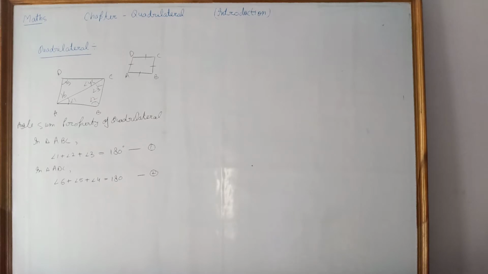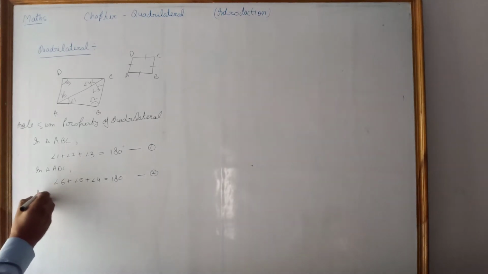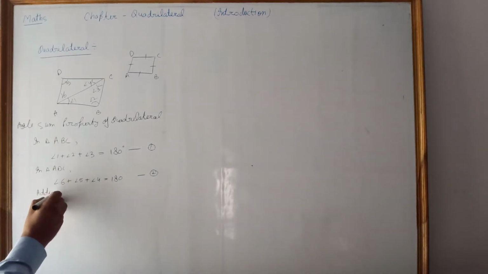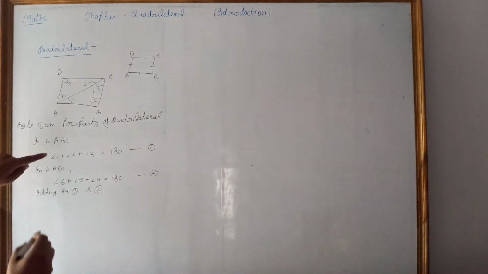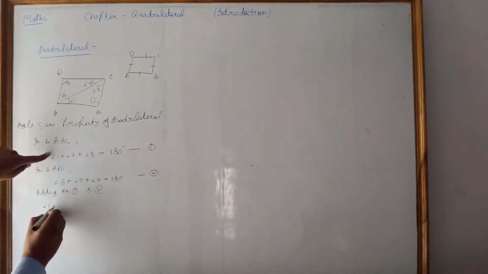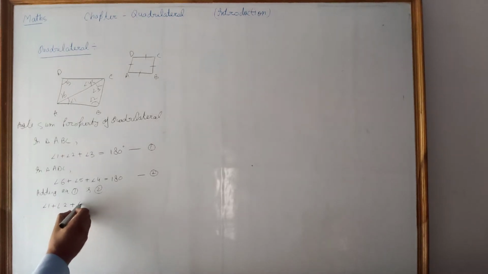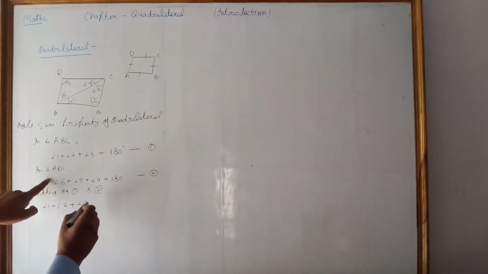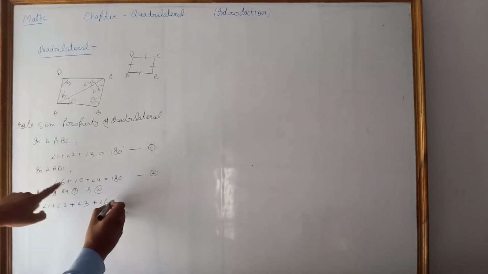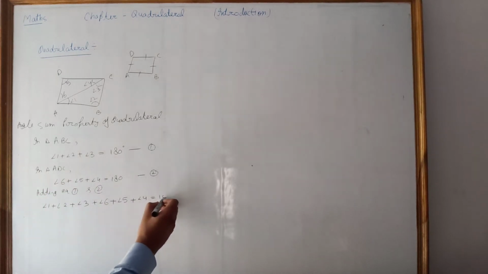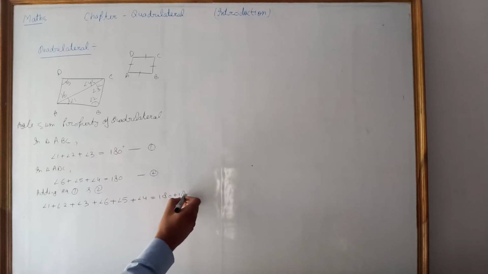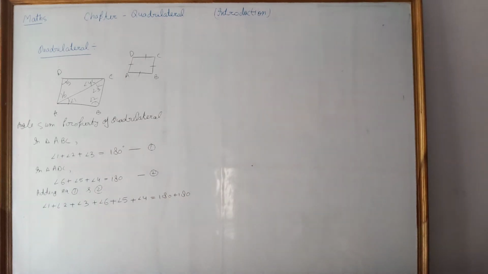Now adding the 2 equations, equation number 1 and equation number 2, we have angle 1 plus angle 2 plus angle 3 plus angle 6 plus angle 5 plus angle 4 is equal to 180 plus 180.